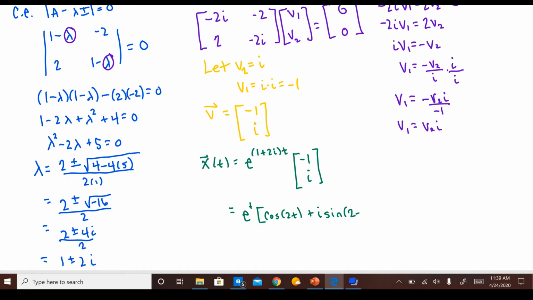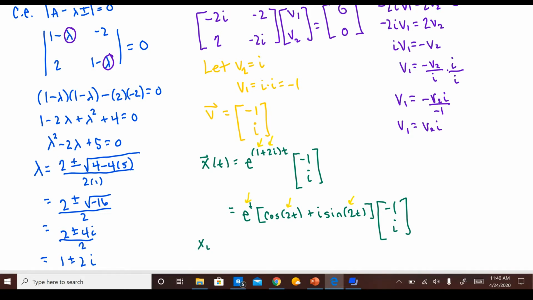So the real part of my complex number is the coefficient of t here, and the coefficient of i goes into the argument of our trig functions. And we need to record our eigenvector here, negative 1 and i. I think it would be helpful if we express this as two individual solutions.